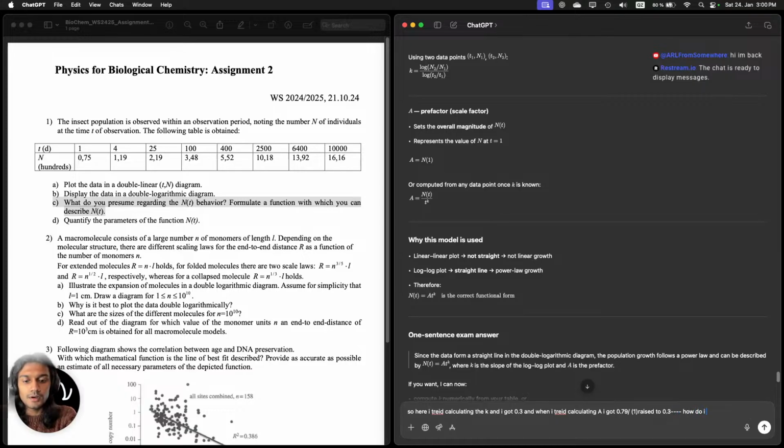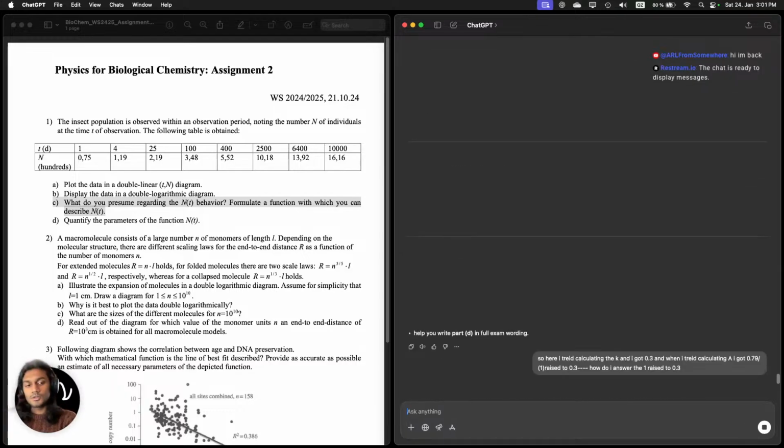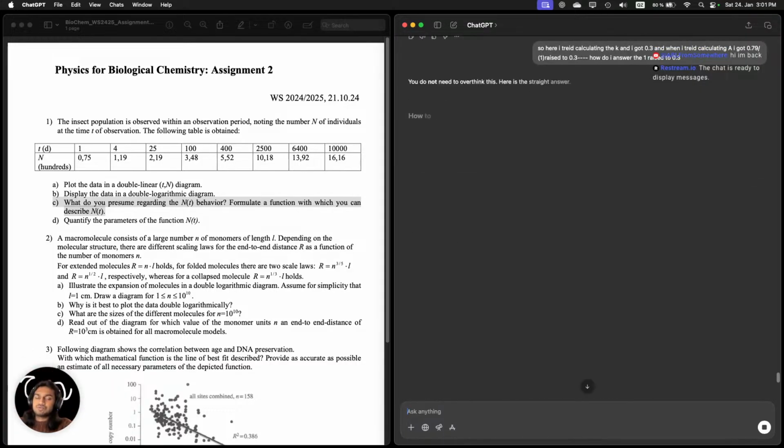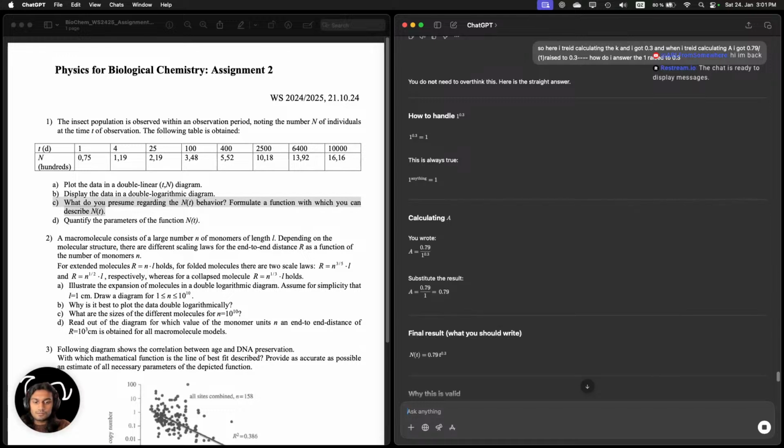How do I answer the 1 raised to 0.3? Just a minute, I'm gonna mute for just a second.